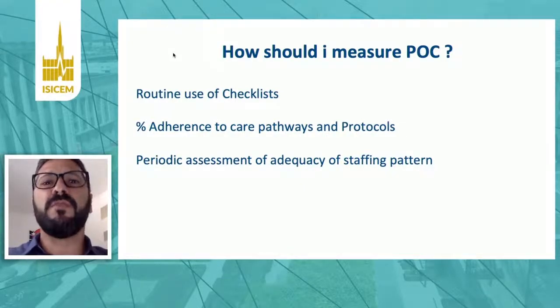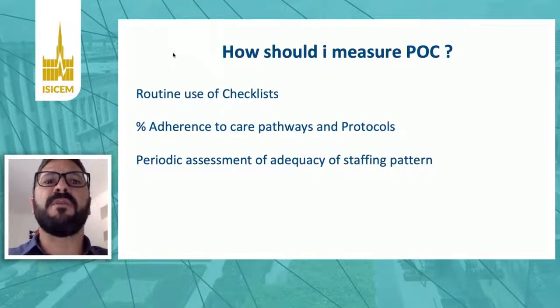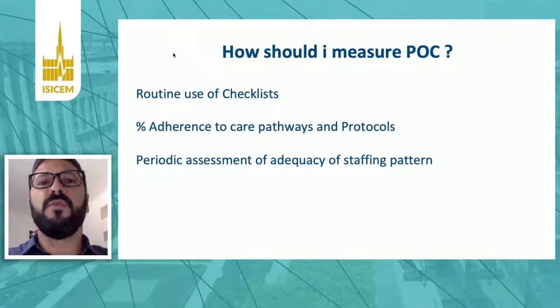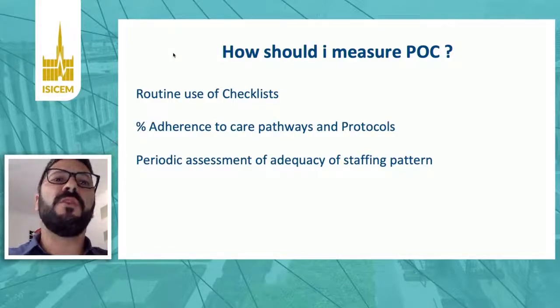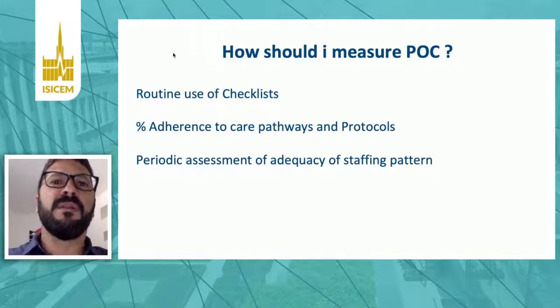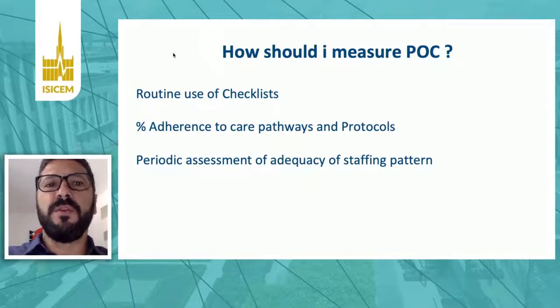You don't even need to start implementing and using it every day or twice a day. But if you use it at least 5 days a week, and preferably for the highest risk patients, meaning those that are expected to stay for more than 24 or 48 hours, that already is something useful. This would be what we call the routine use of checklists.